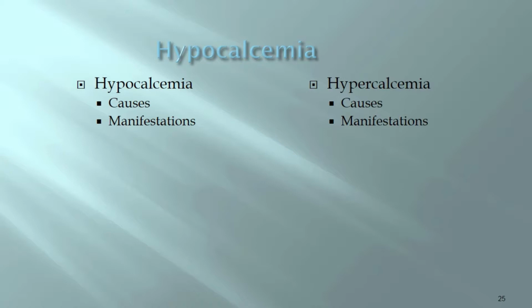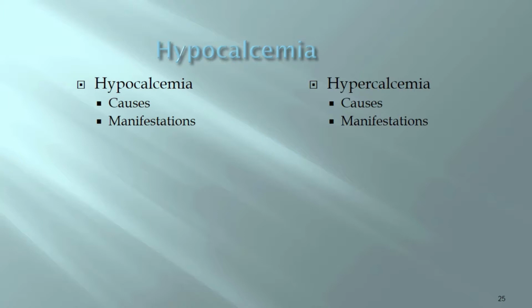Another cause, of course, is pancreatitis. If the lipase goes into the soft tissue space, it contributes to the formation of free fatty acids that are looking to bind with something, and they will bind with calcium.